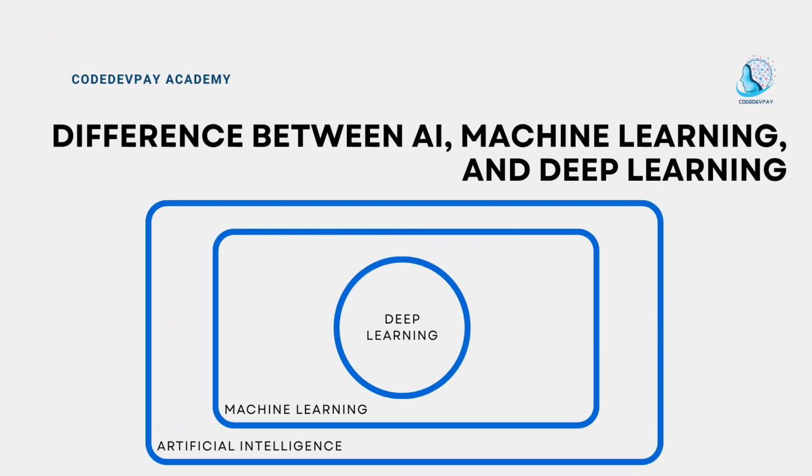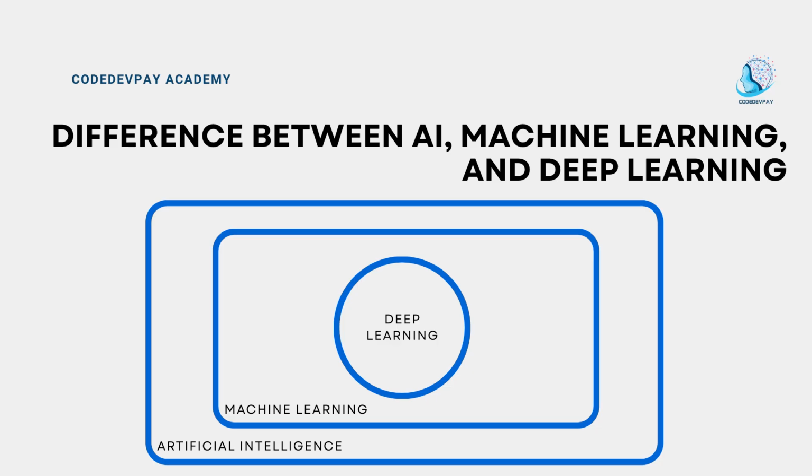All right, let's move on to the difference between AI, machine learning, and deep learning. So, AI is the big concept, and within it, we have machine learning, and within machine learning, we have deep learning. Let me break it down this way.